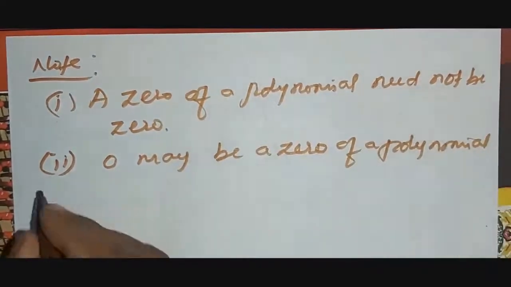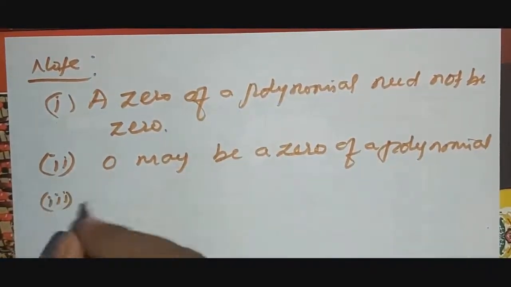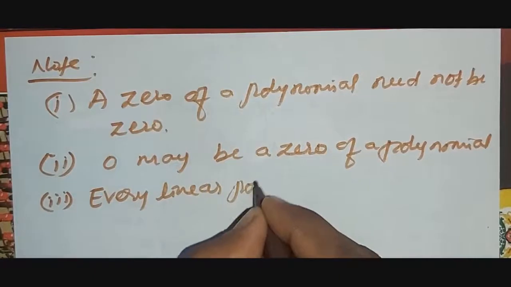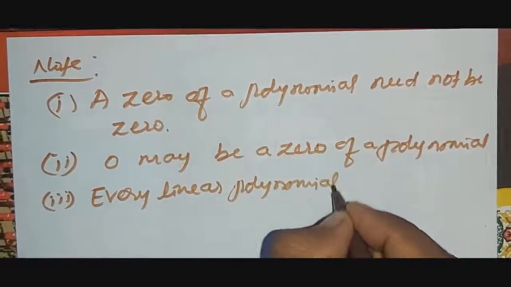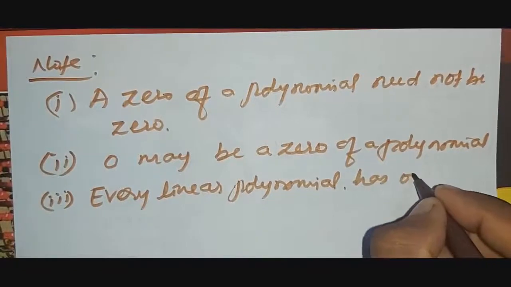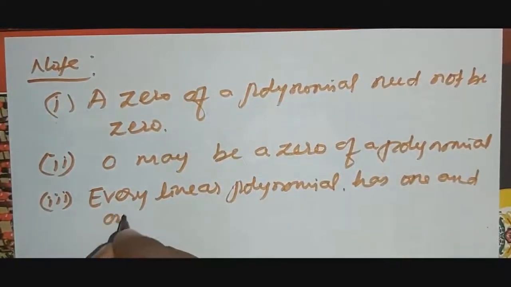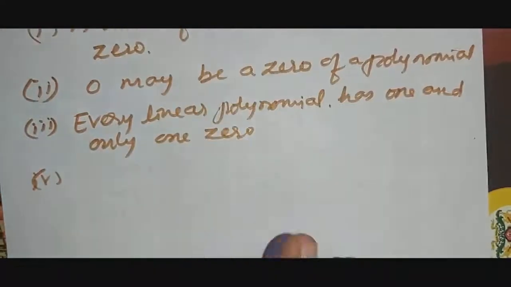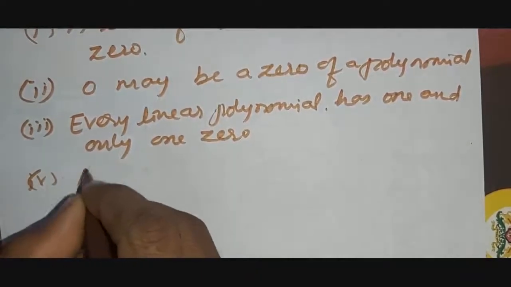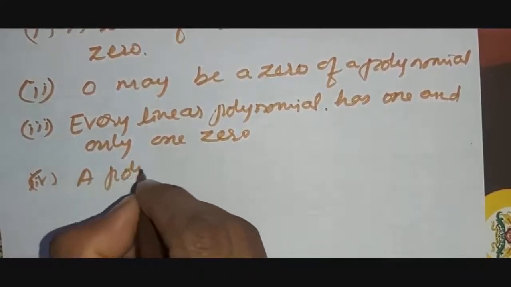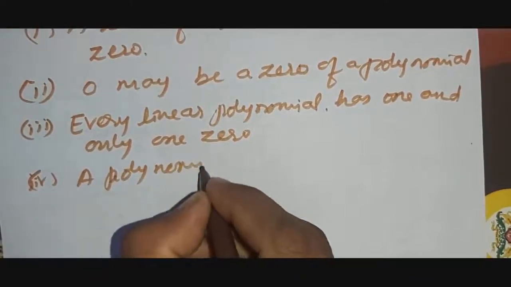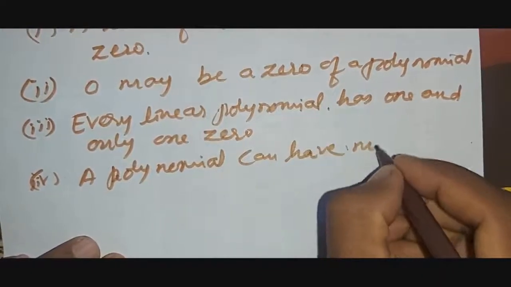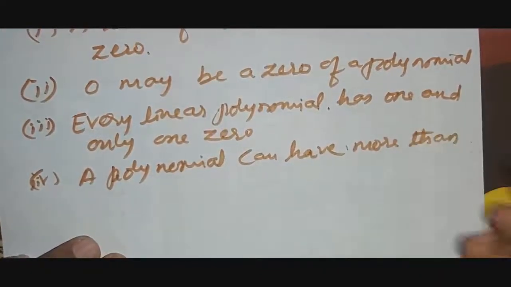And third, every linear polynomial has one and only one 0. And fourth, a polynomial can have more than one 0.